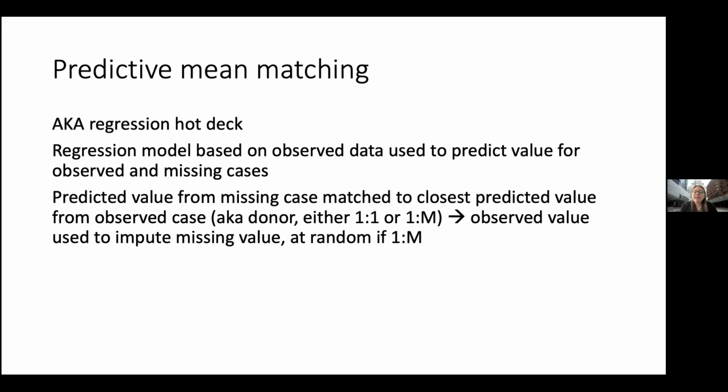And then that predicted value for the missing case is matched to the closest predicted value from an observed case called a donor case. And we either do the matching one-to-one, or one-to-many. Then, instead of the predicted value, we use the observed value to impute that missing value. So the donor's observed value is the imputed value for the missing value. And if we did a one-to-many match, we select the donor at random.